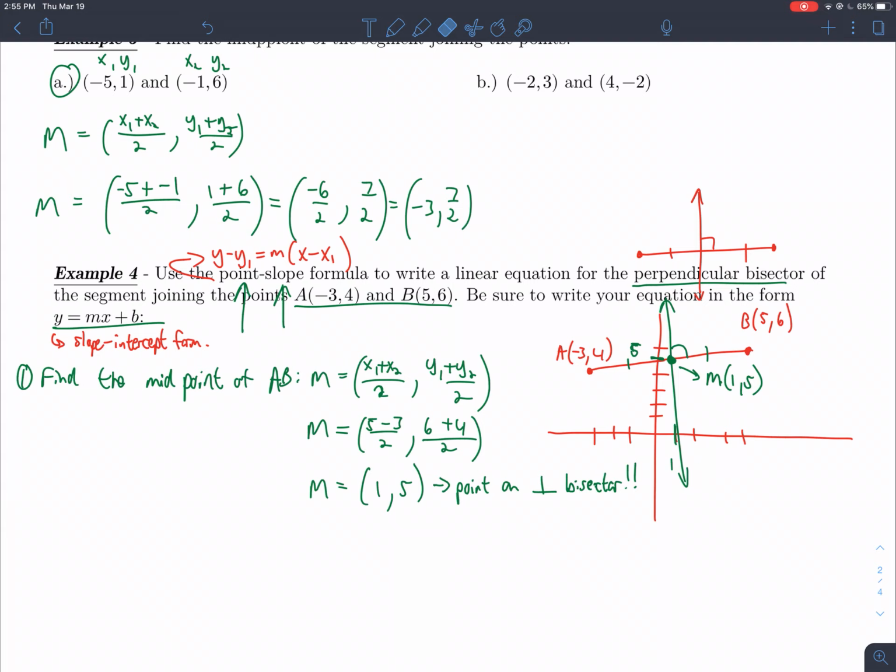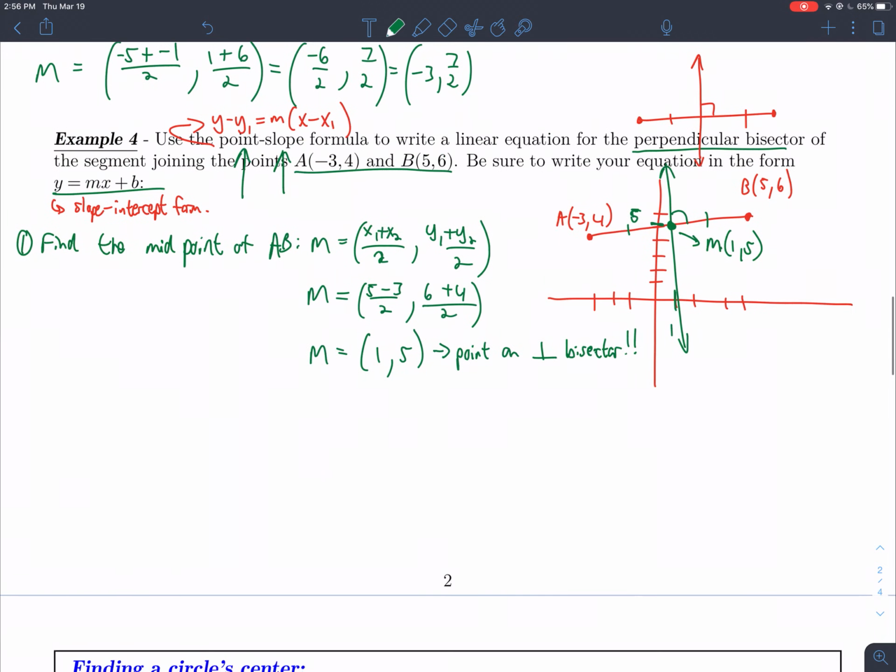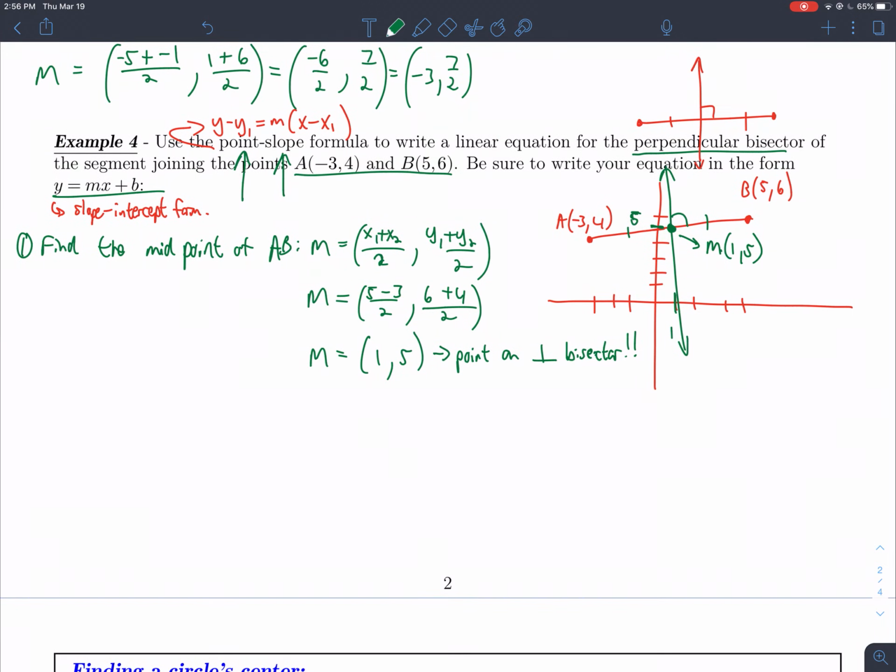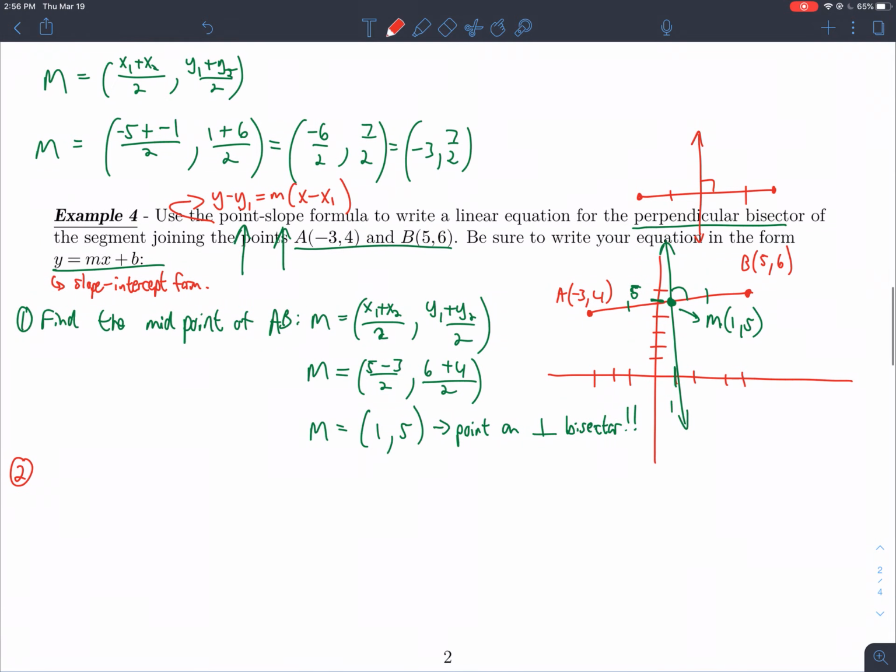But another fact from geometry, and from Algebra 1 as well, is that if 2 segments are perpendicular, their slopes are negative reciprocals of each other. So we can say, number 2, if I can find the slope of this segment and then take the reciprocal of it and multiply by a negative, then I have the slope of this line.